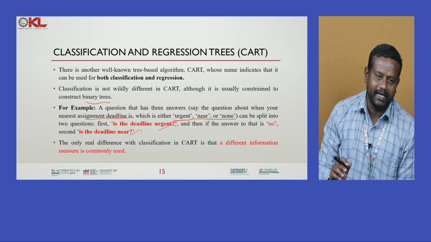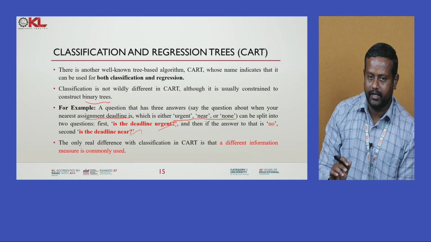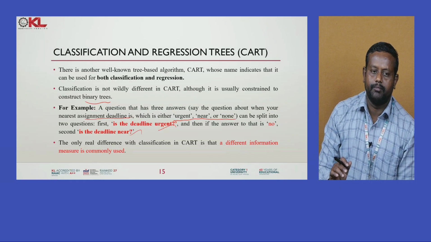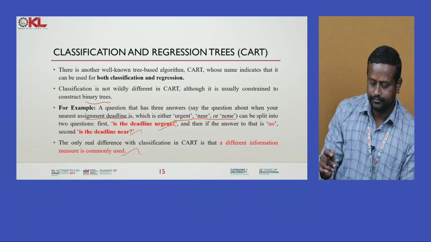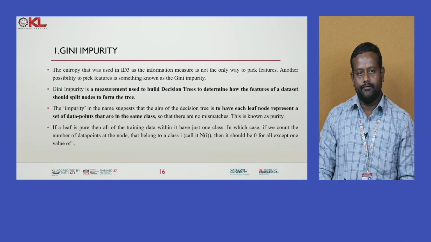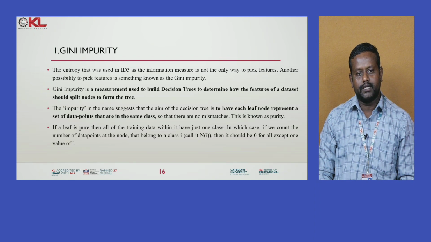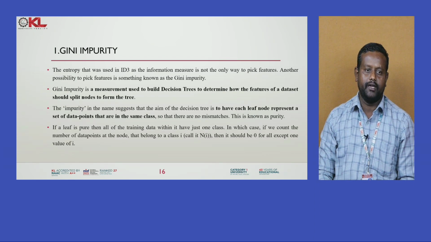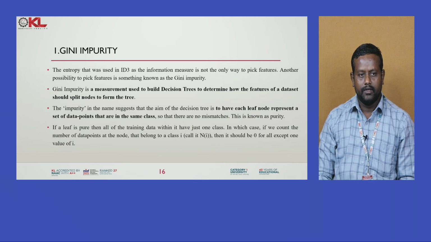So the only real difference between classification and CART is that a different information measure is commonly used here. Gini impurity is what we are going to use in this classification situation to find the answer.